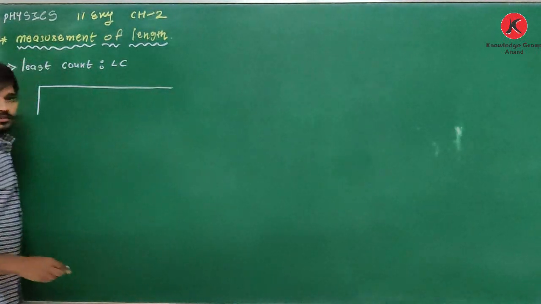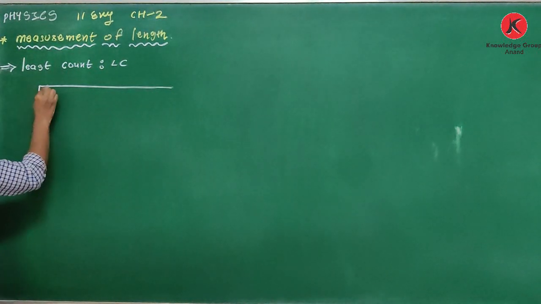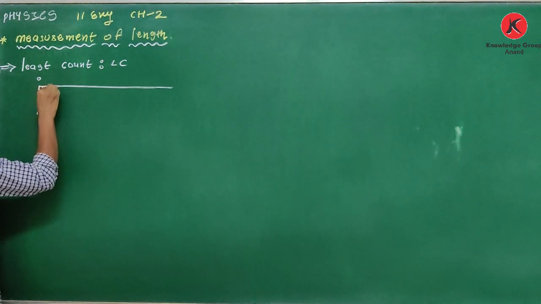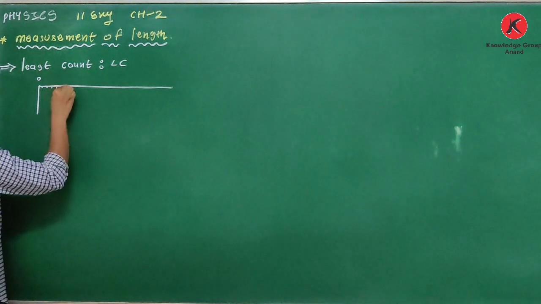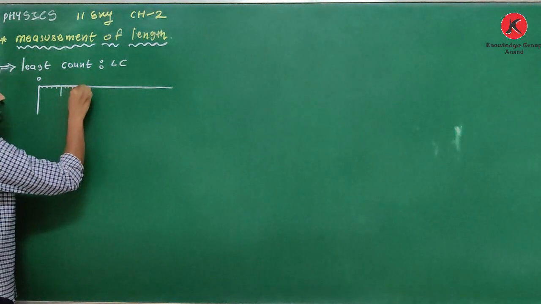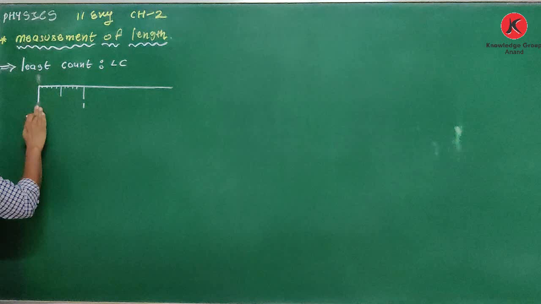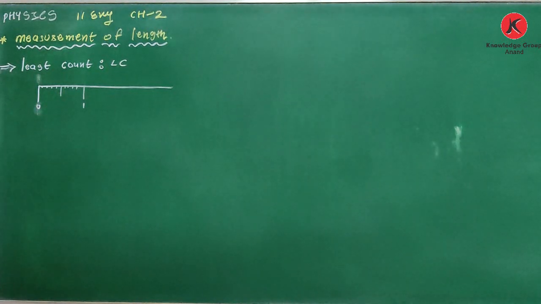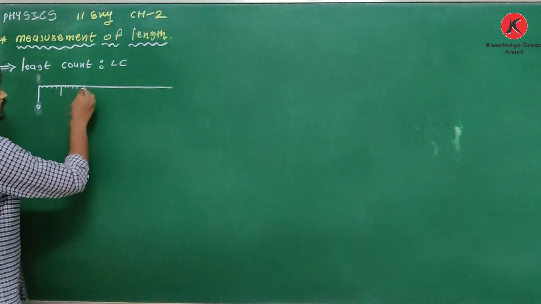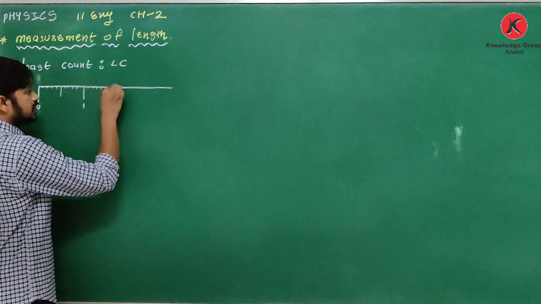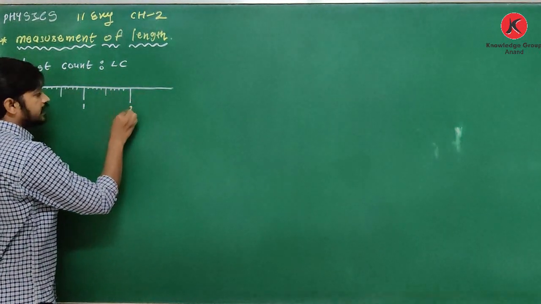See, this is an enlarged view of a scale. Here it is 0, 1, 2, 3, 4, 5, 6, 7, 8, 9, and here it is 1. In the scale, the calibration is like this. Then again it is 1, 2, 3, 4, 5, 6, 7, 8, 9, and here it is 2.